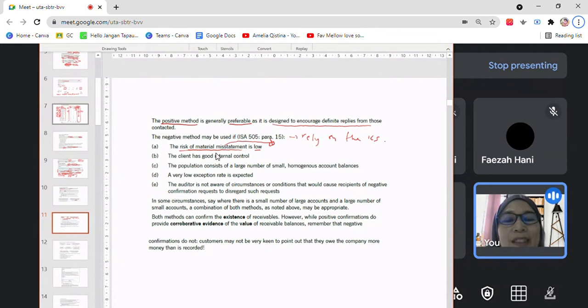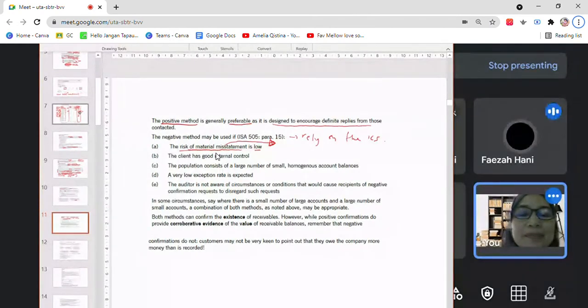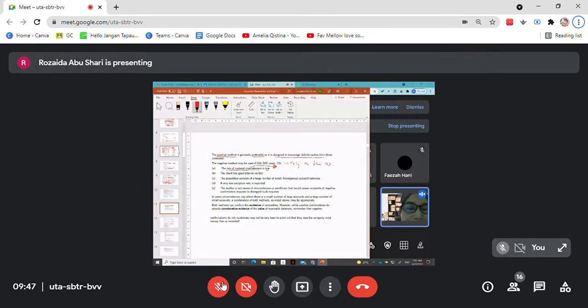What is the component of risk of material misstatement? Pak Izzah? Wait a moment, madam. Come again, Pak Izzah, I can't hear you clearly. Remember I'm at the office also. So I can't hear. The internet is probably not strong.